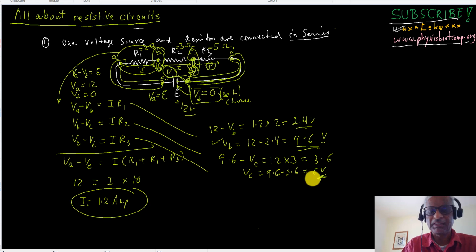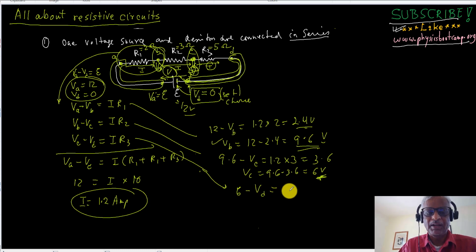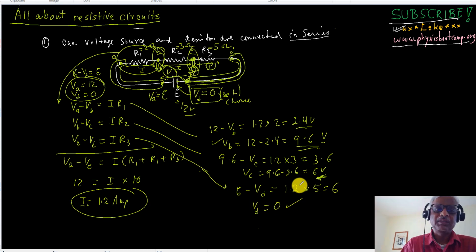VD is of course by choice picked to be 0, so we can confirm that. VC is 6 volt minus VD, and I is 1.2 amp, and R3 is 5, and this is 6, so VD equals 0. So this is a very simple circuit, and we're able to get all the voltage points.